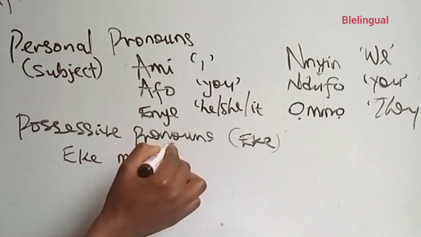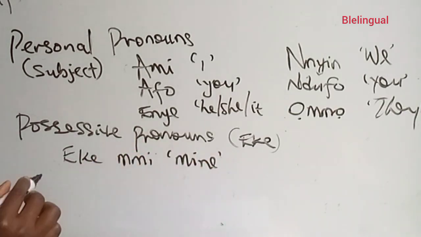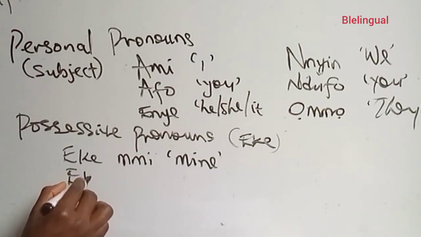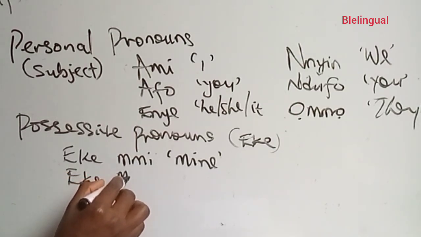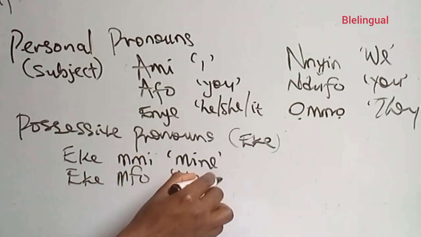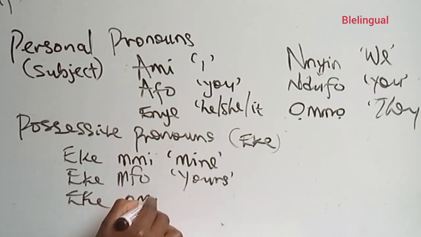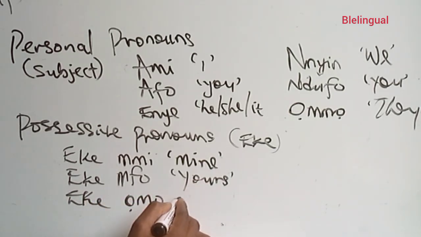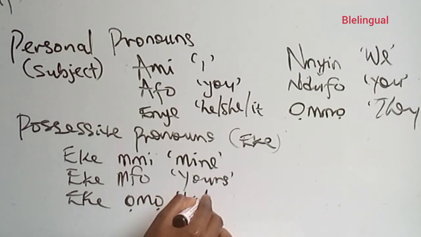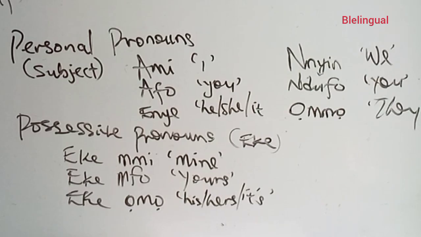So, for instance, in the first person singular, we had ekeme, that is mine. For the second person singular, we had ekemfo, yours. For the third person singular, we had ekeomo, that is his or hers or its.